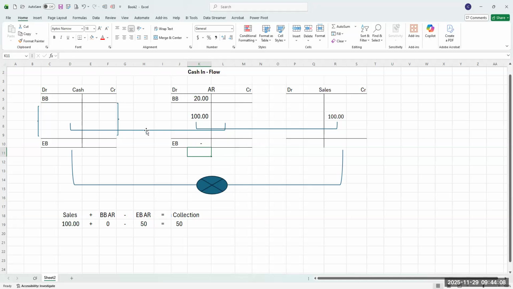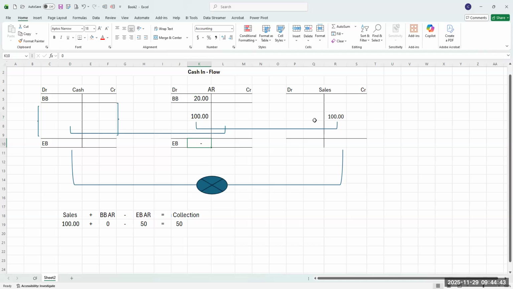Did I collect my sales? 100% of my sales? Whatever I sold during the period, did I collect it, if my ending balance is 0? Did they collect those $100? Yes or no? Yes.